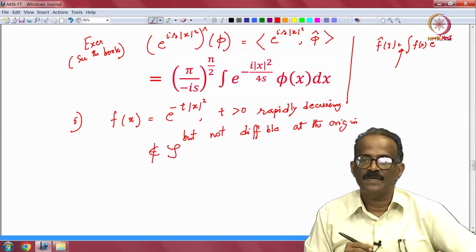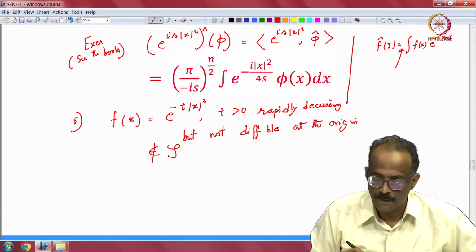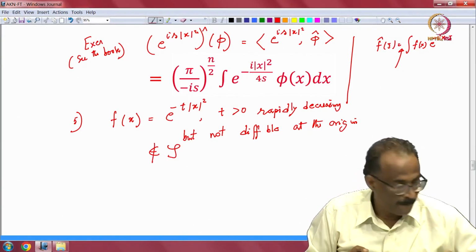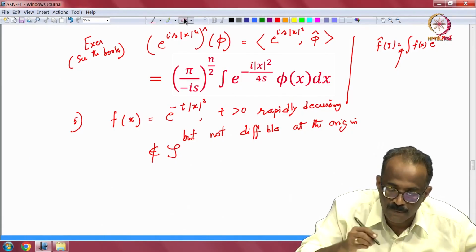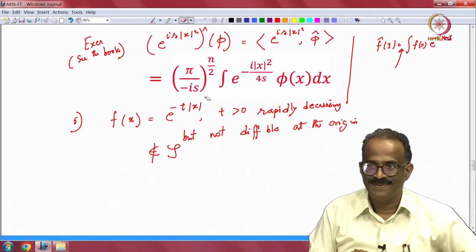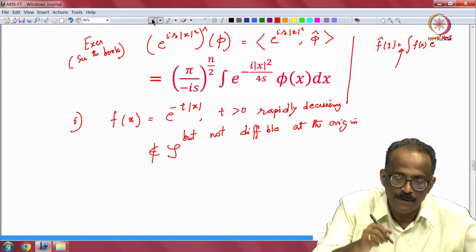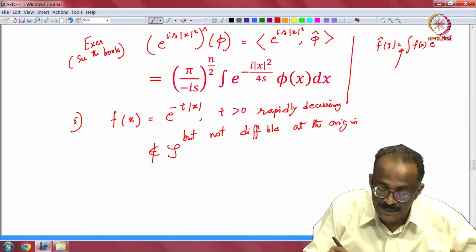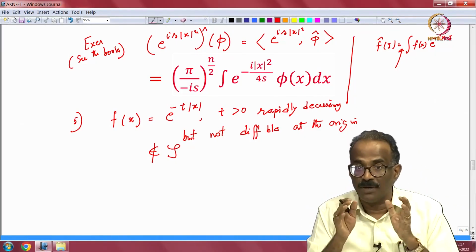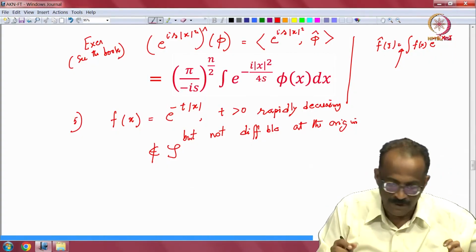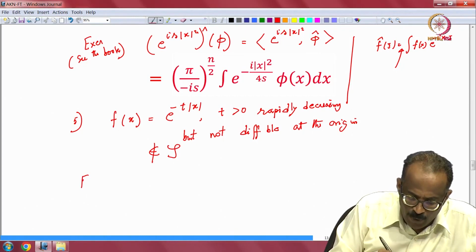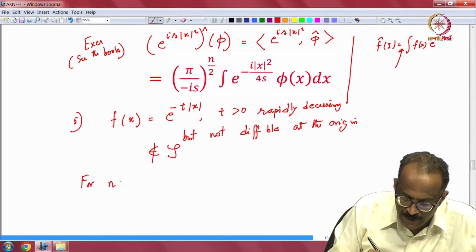It is not smooth. So this is not like e power minus mod x square, which you have already computed. So for n equal to 1, let me write down the answer.